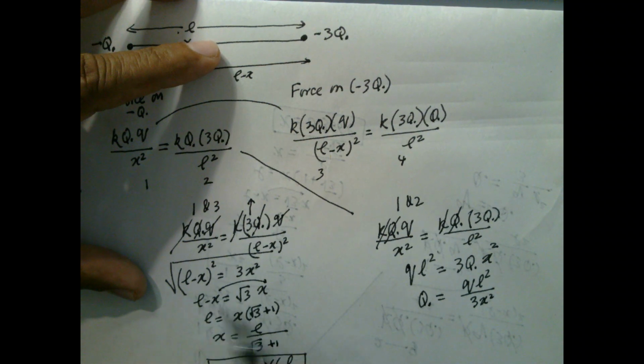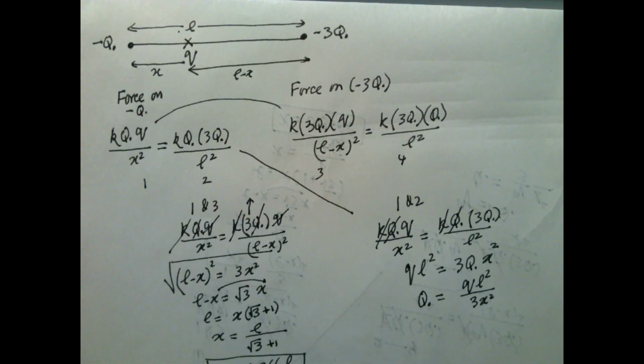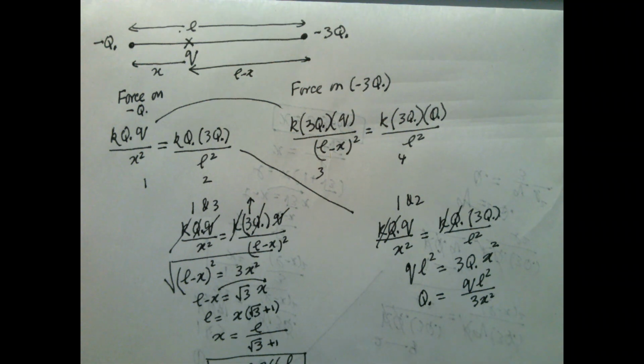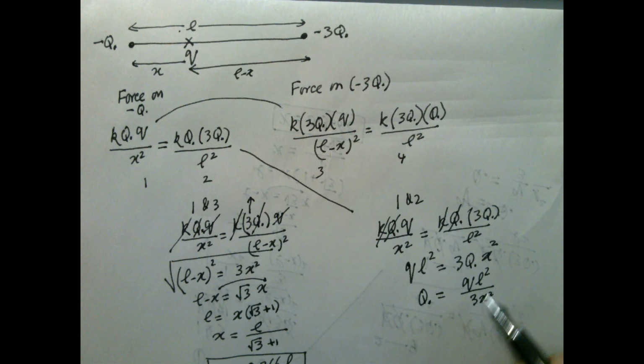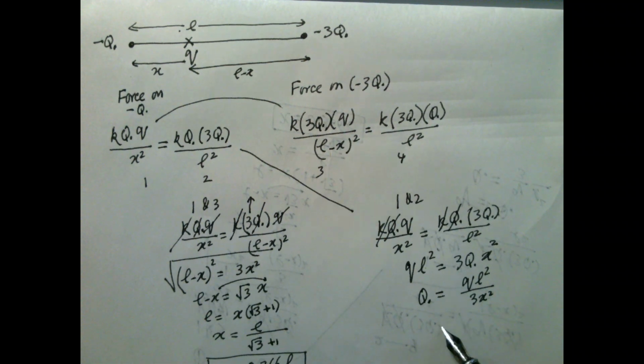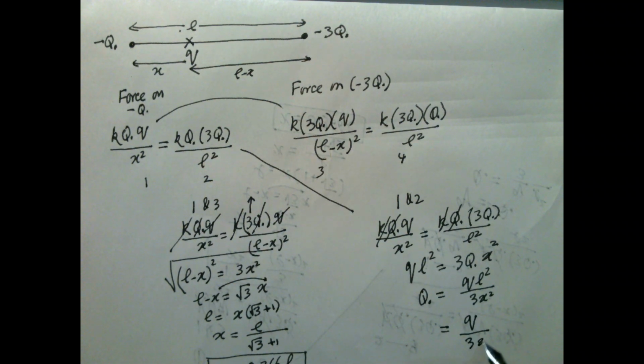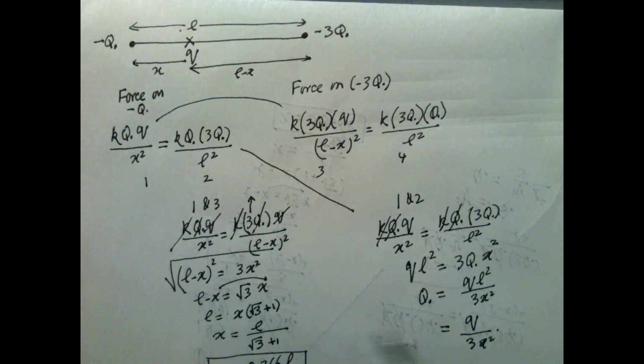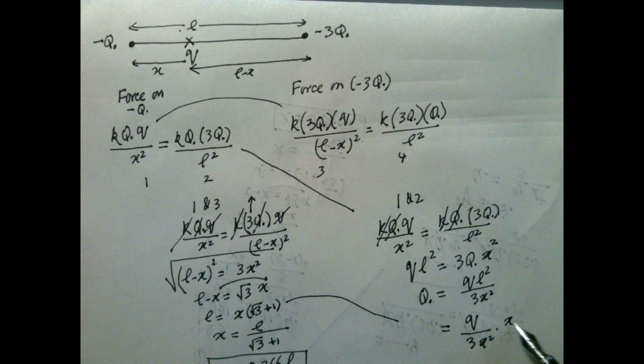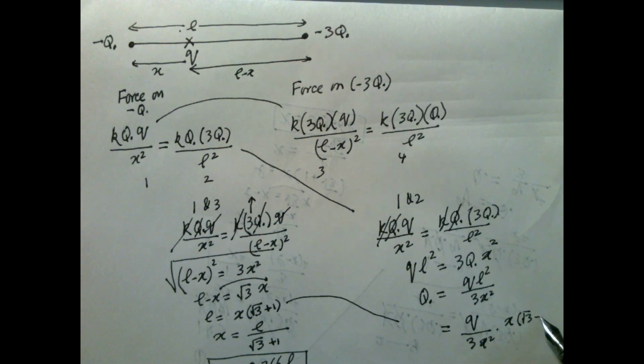Now we can substitute the value of L square. So this is equal to q over 3x square. L square is equal to x into square root 3 plus 1 whole square.